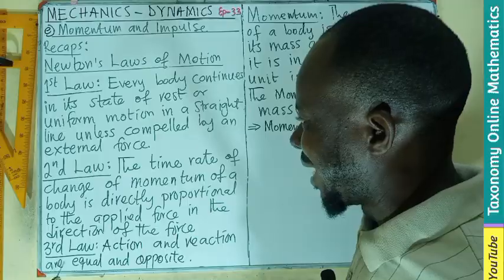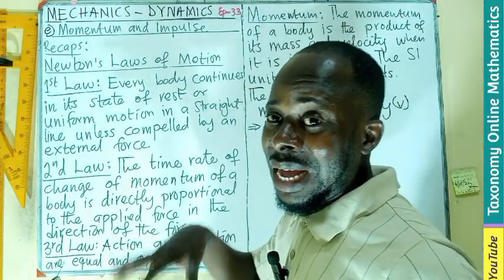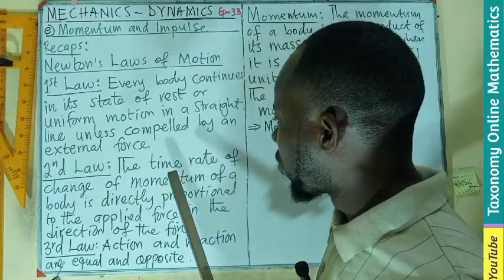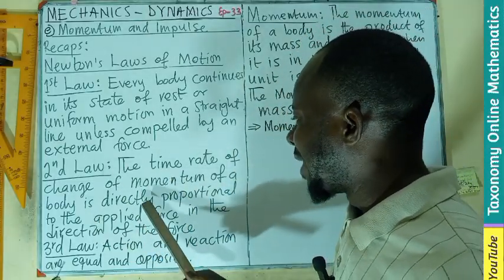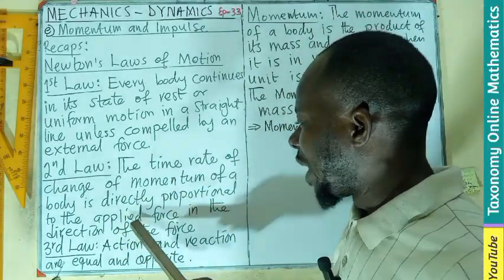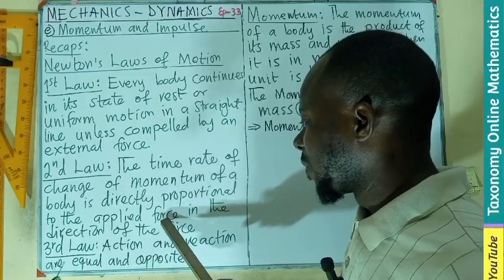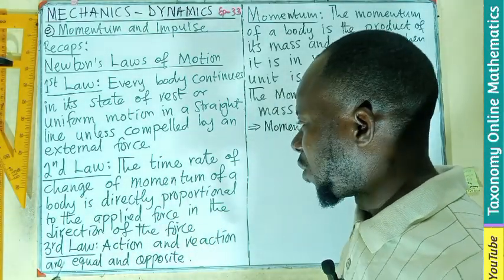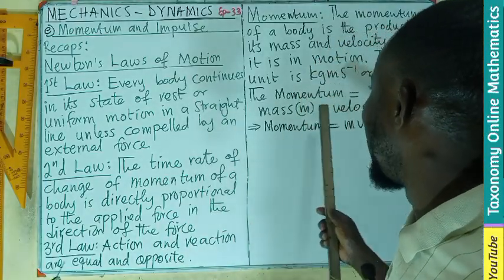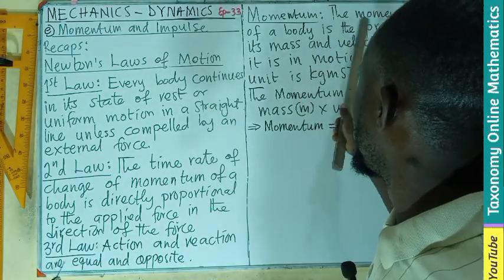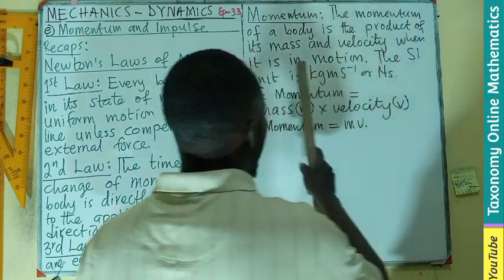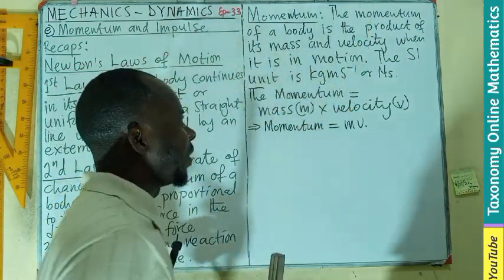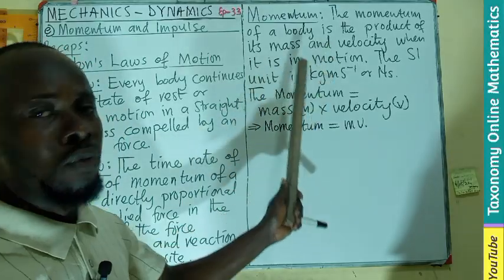Then number two, which is basically the center of this episode: the time rate of change of momentum of a body is directly proportional to the applied force, in the direction of the force. Momentum is the product of the mass of the body and its velocity when it is in motion.